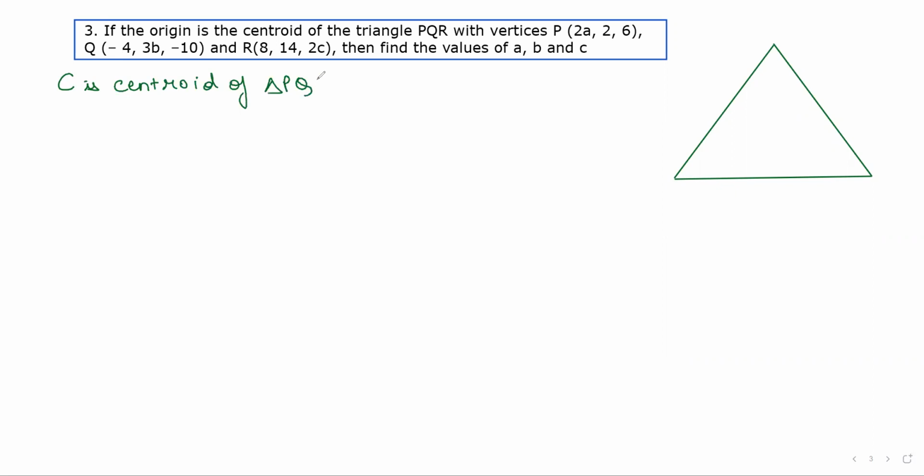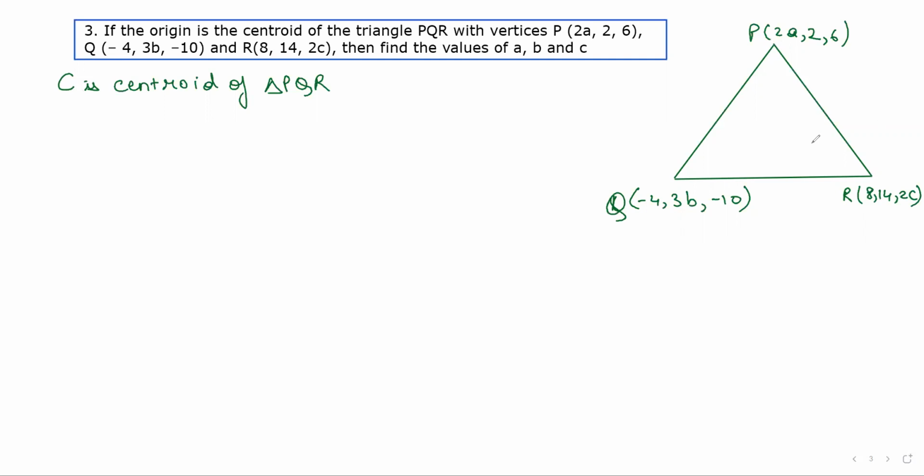PQR. Here, P is (2a, 2, 6), Q is (minus 4, 3b, minus 10), and R is (8, 14, 2c).